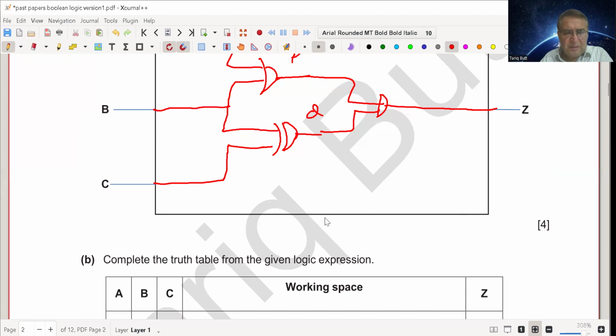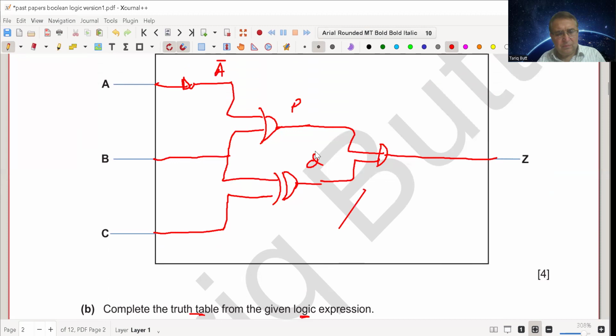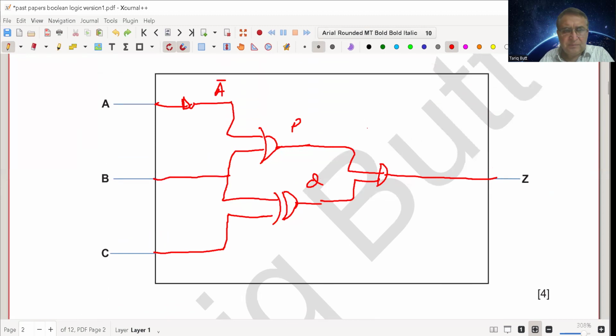Next, it is asked to draw the truth table for the same logic expression. You can find out these sub-expressions.